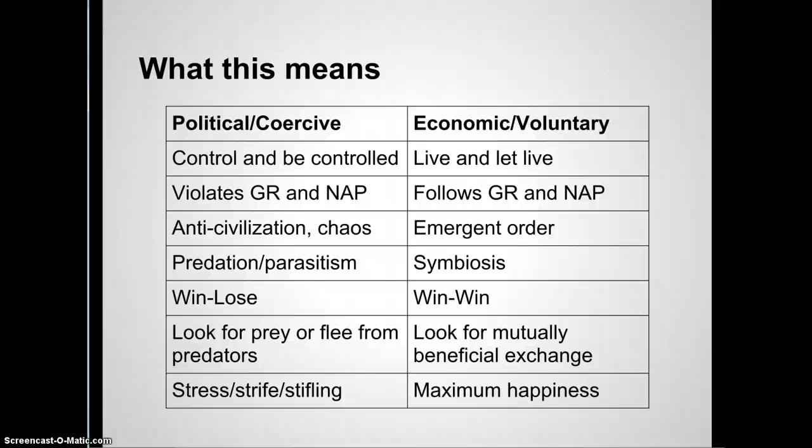We can violate the GR and the NAP or follow the GR and the NAP. We can have anti-civilization and chaos or emergent order. We can have predation and parasitism or symbiosis. We can have win-lose situations or win-win relationships. We can look for prey or flee from predators or look for mutually beneficial exchange. We can have stress, strife, and stifling of our potentials or maximum happiness.